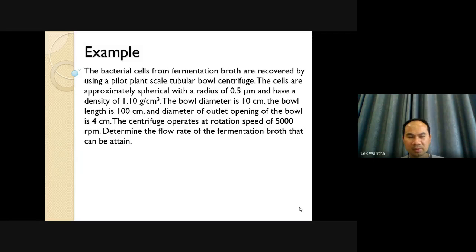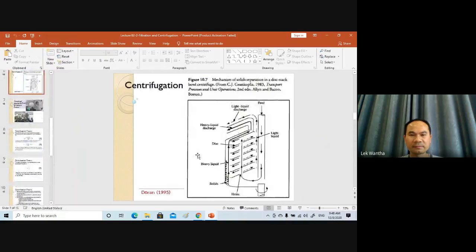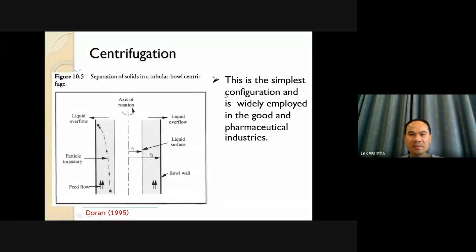Back to the tubular bowl centrifuge: the length of the bowl is the height. R1 is the opening radius, and R2 is the radius of the bowl.